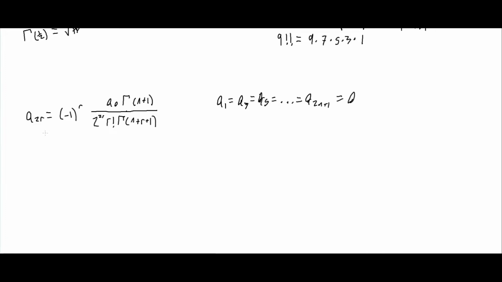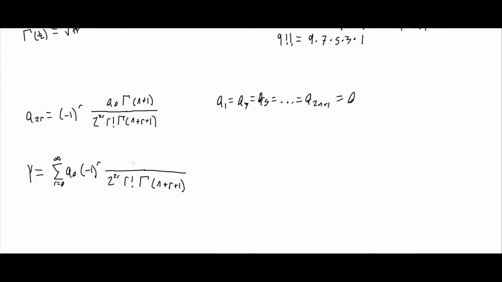And so we can then say that our function that we were looking for, so our y from our original differential equation, is equal to the summation from r equals 0 to infinity of a sub naught times minus 1 to the r power times 2 to the 2r times r factorial times the gamma function of n plus r plus 1.